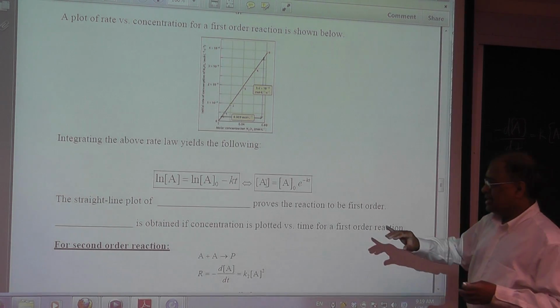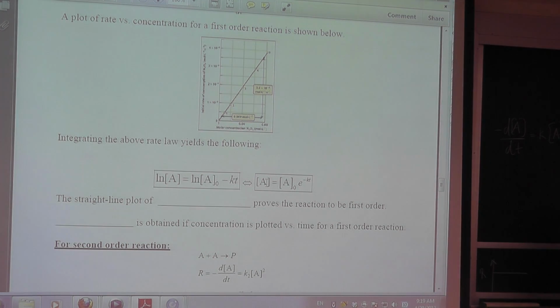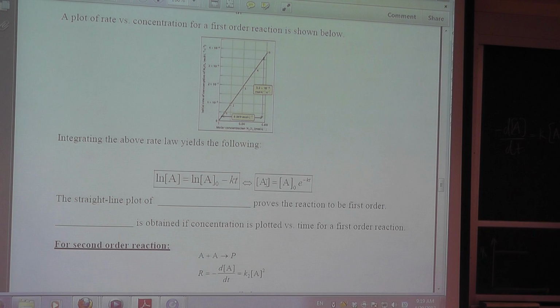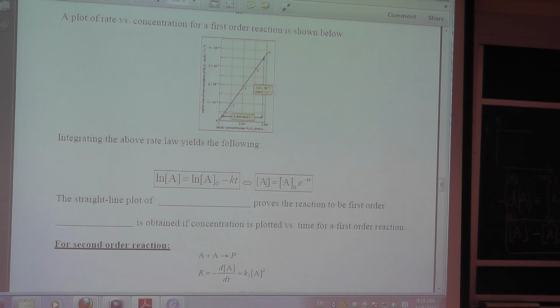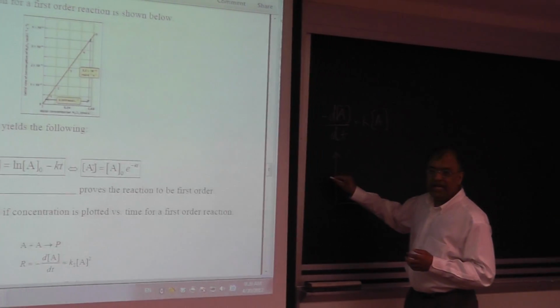So what plot should I make that is going to be similar to this plot here? This is for a zeroth order reaction. I plotted concentration versus time and I got a straight line. What do I need to plot to get a straight line for a first order reaction? What's on the y-axis?